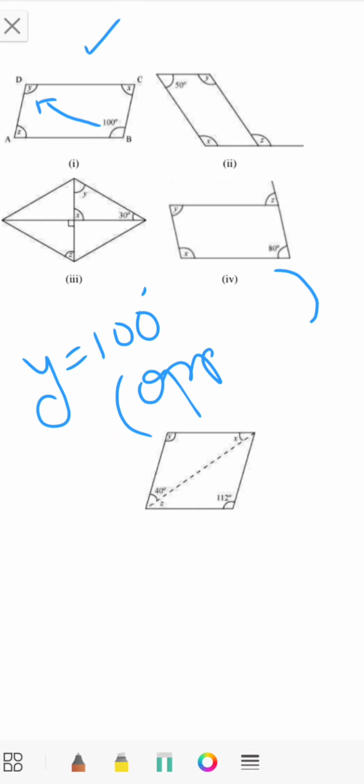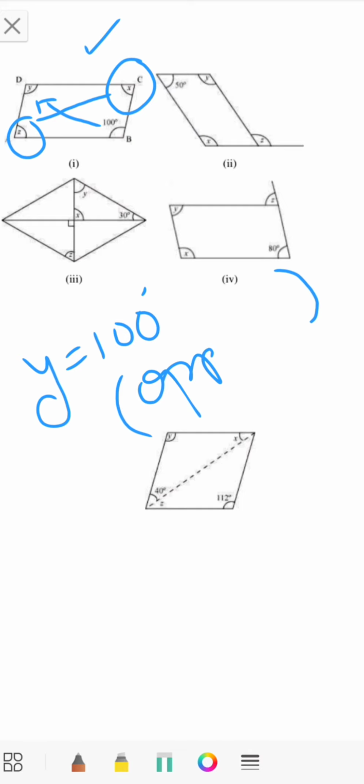Then you have to find the values of x and z. These two are again opposite angles, x and z. But if you take a look, I don't have either x or z.